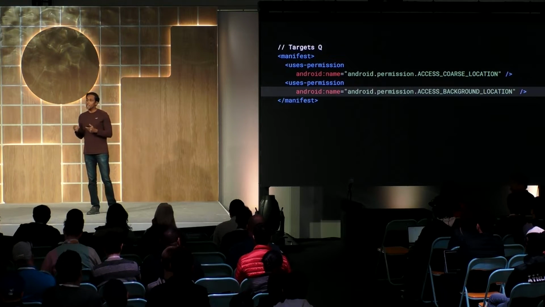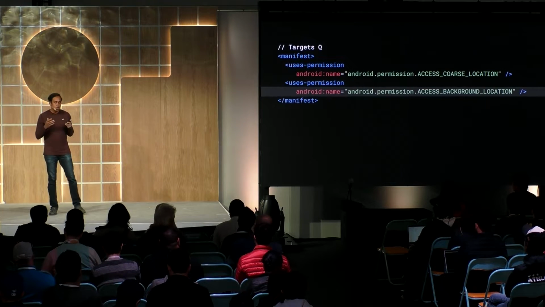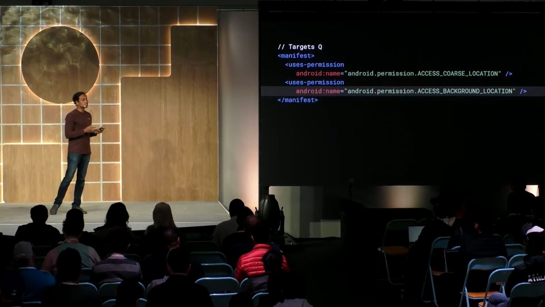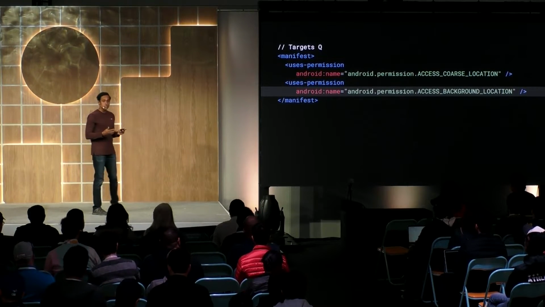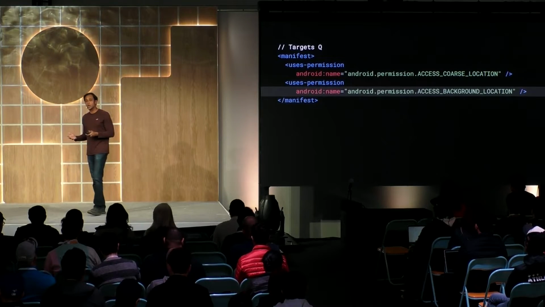However, if your app is targeting pre-Q SDK, your existing declaration of ACCESS_FINE_LOCATION or ACCESS_COARSE_LOCATION would automatically be mapped to ACCESS_BACKGROUND_LOCATION, and there really is no way for apps to opt out of this automatic mapping.